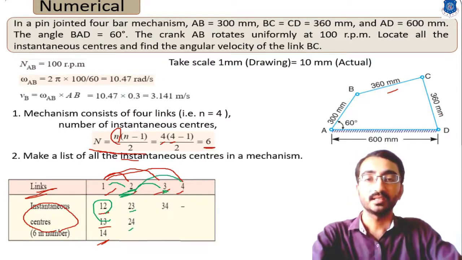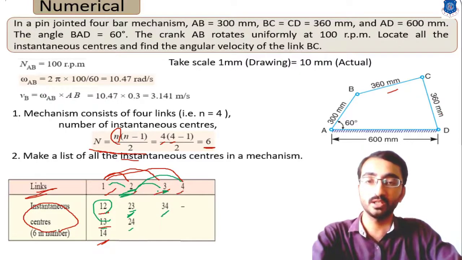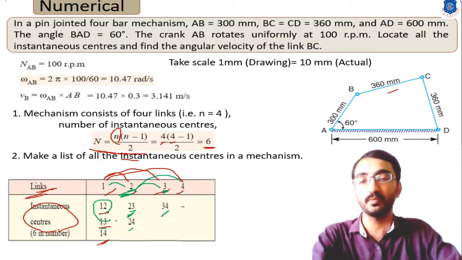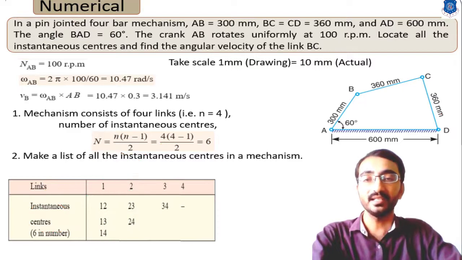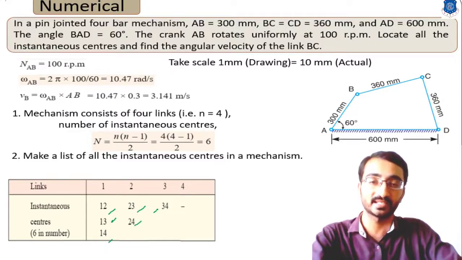Similarly, 3 is connected with 1 and 2, so that's why 1 3 and 2 3 are already mentioned, so now we have to mention only 3 4. Now 4 also makes a pair with 1, 2, 3, and that we have already mentioned in our previous columns. So in this way we can identify that in this 4-bar mechanism we have to locate these 6 instantaneous centers.